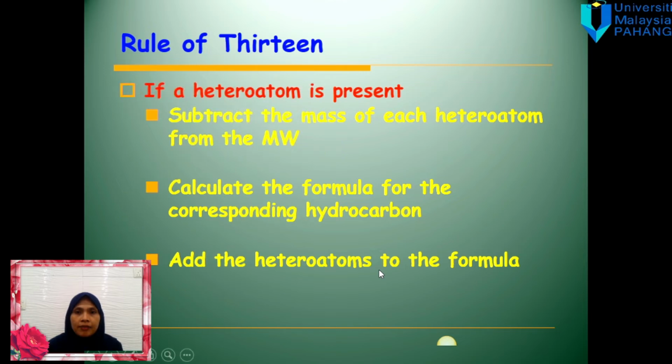Okay, if we find that our molecule has a heteroatom, we have to subtract the mass of each heteroatom from the molecular weight first, and then calculate the formula for the corresponding hydrocarbon based on the Rule of 13. Add the heteroatoms to the formula after getting the values of n and m.